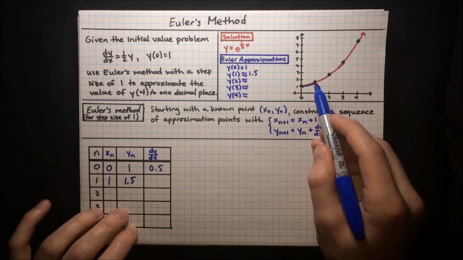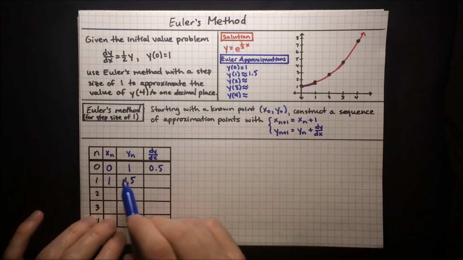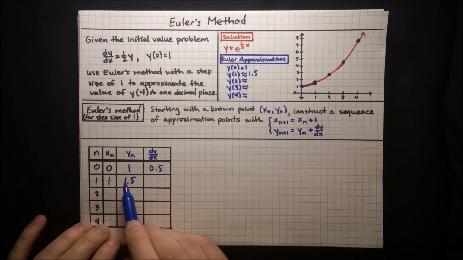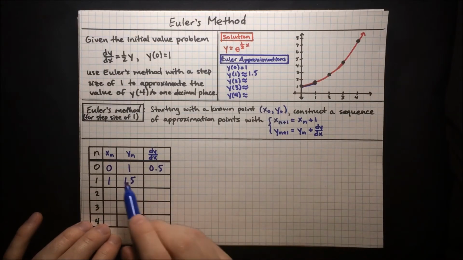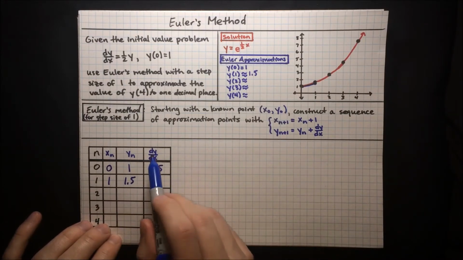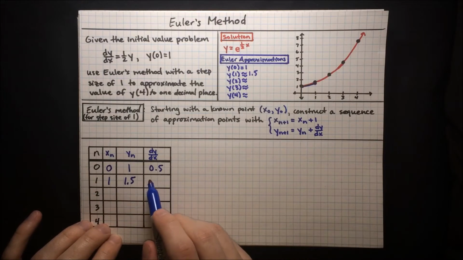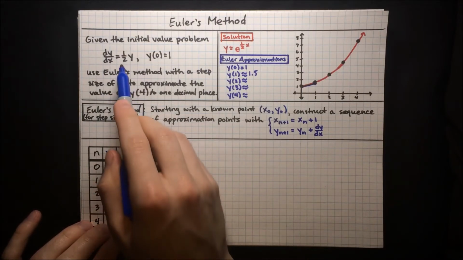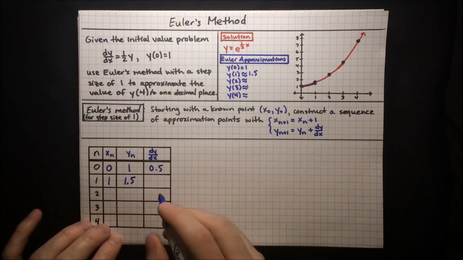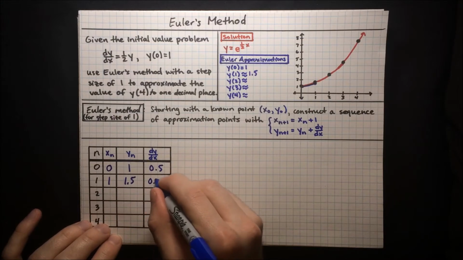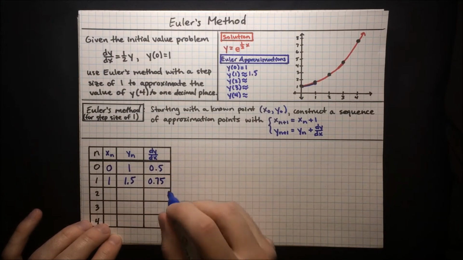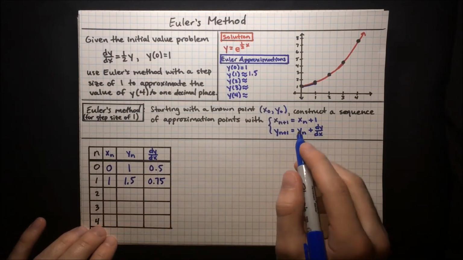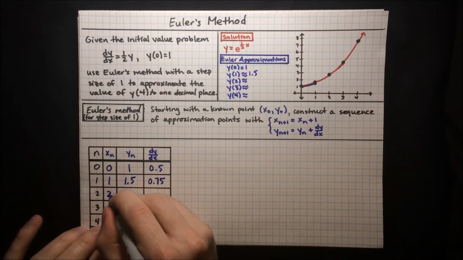So now we're going to use this point 1.5 as the basis for our next approximation, and we go ahead and compute the derivative and then the update equations. First of all, the derivative is just half of y, so half of 1.5, that's 0.75. And then update equations tell us that we need to increase x by 1, so x becomes 2.